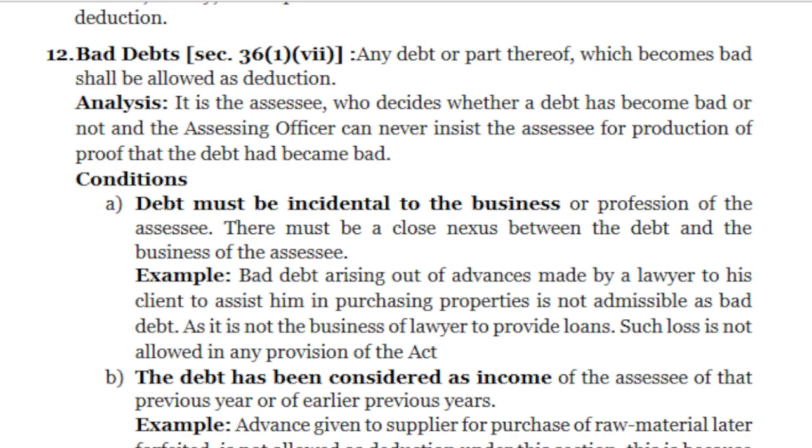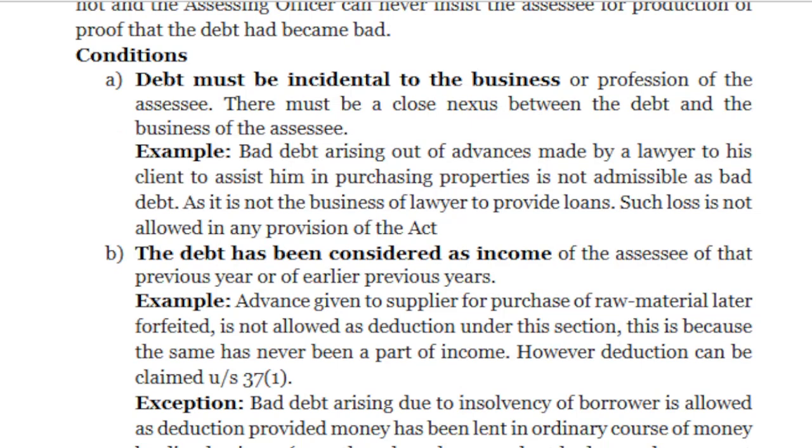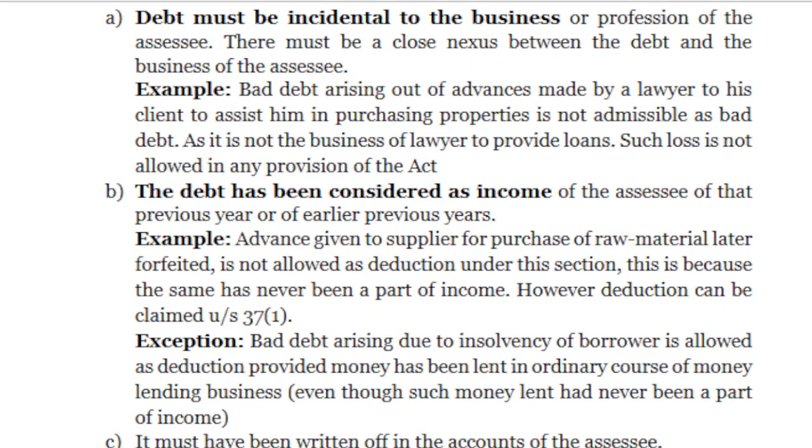Now the second point, B: the debt has been considered as income. Of course, like I said with credit sales, if it is considered as income, then only you can claim it as bad debts. I also said to you that suppose you have given an advance to the supplier and later on you did not purchase the goods. So the supplier forfeited the amount. He said your advance is cancelled, I'll not return it.